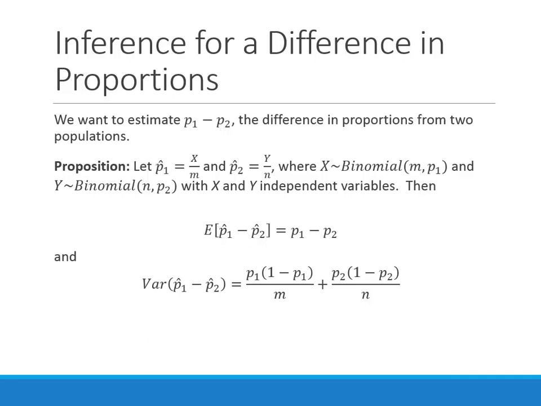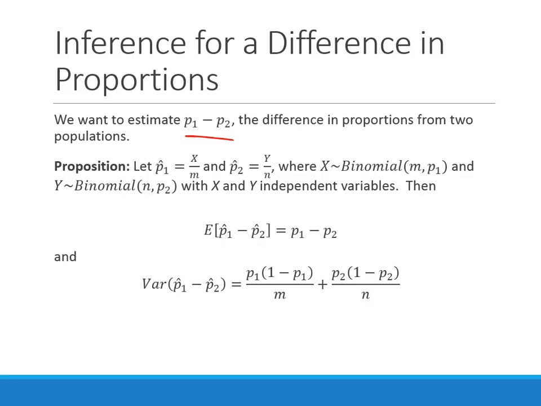Going back to our usual approach, we want to figure out what an estimate for that parameter is. If we want to estimate P1 minus P2, how can we estimate that? We want to find a good estimator and then figure out its properties, like its standard deviation or variance. Like we did before, if we want to estimate the population mean, we use the sample mean. If we want to estimate the population proportion, we'll use the sample proportion.